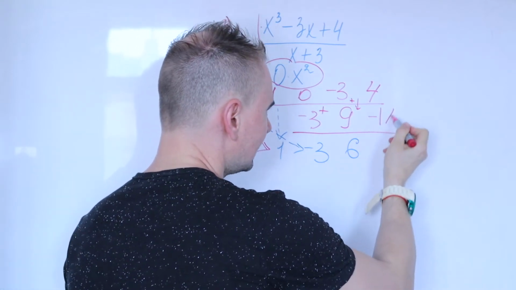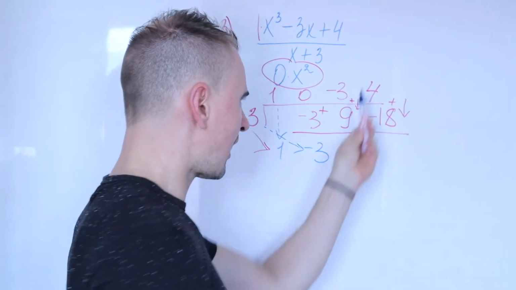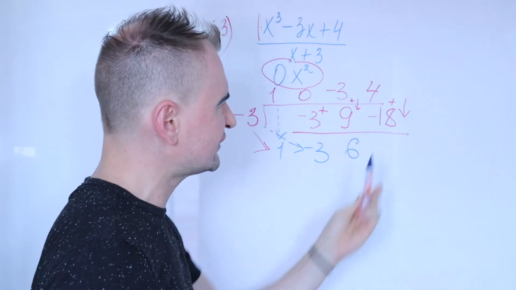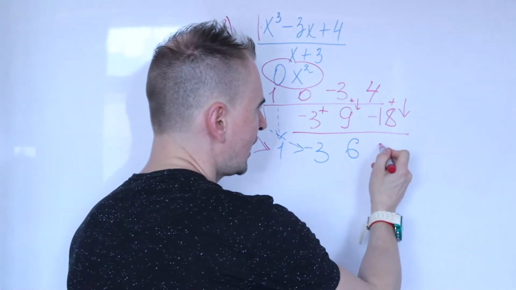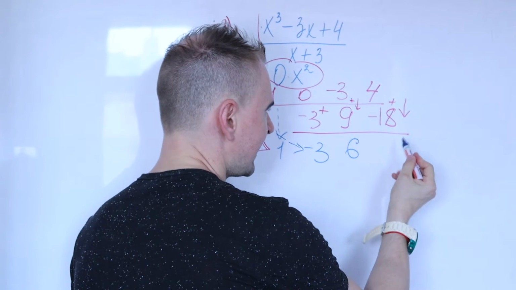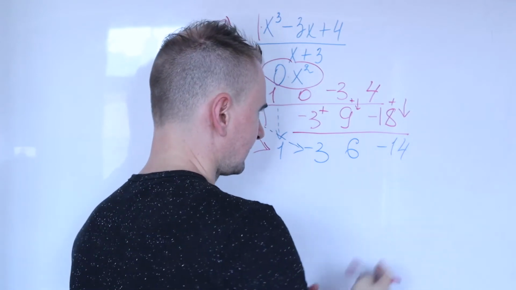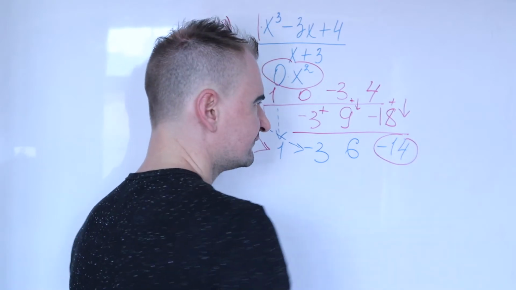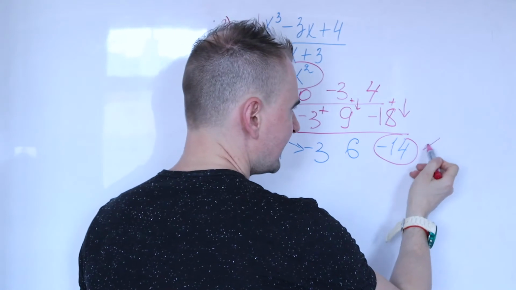I'm placing it there. And I add them vertically, up and down. So 4 minus 18 is going to be negative 14, which is my remainder. We're done with the synthetic process. This is my remainder.